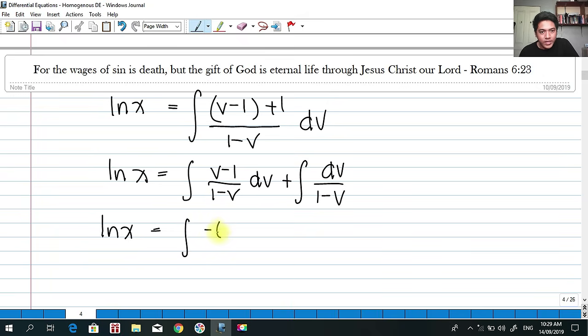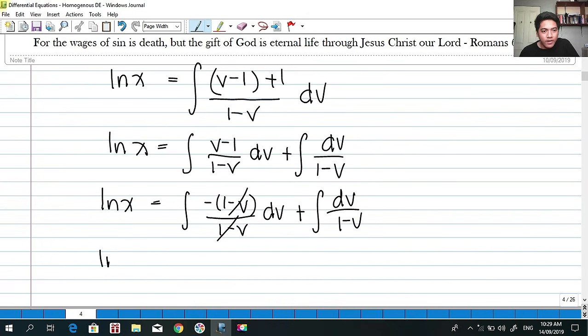If we factor out the negative sign, we have negative (1 minus v) over (1 minus v) dv plus dv over 1 minus v. So you can see this should cancel. We have ln of x, and the integral of negative dv is negative v.